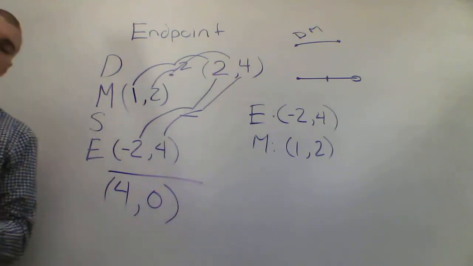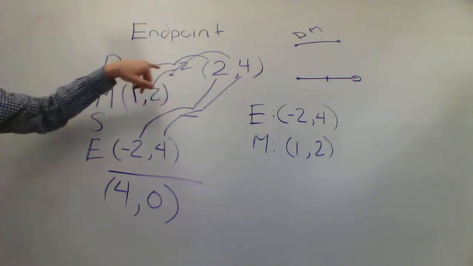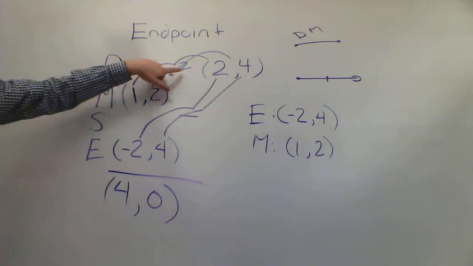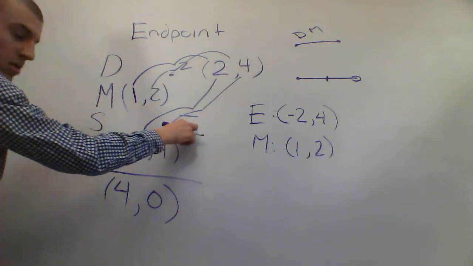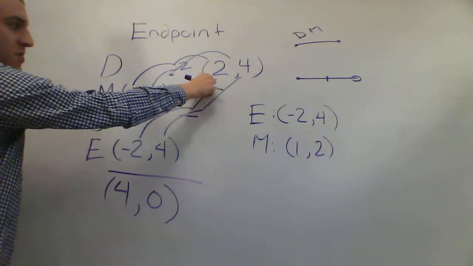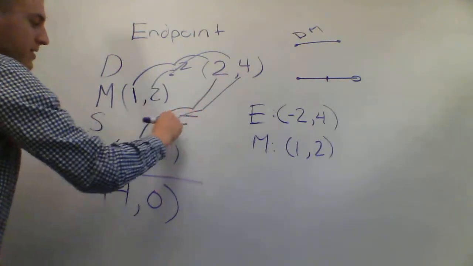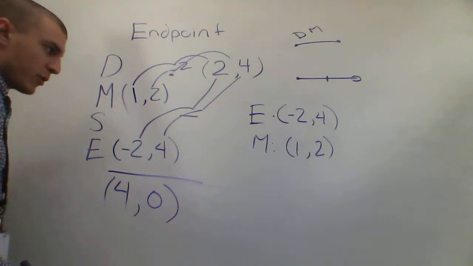Up top, I touch the times 2 with each of them, first my x value, then my y value. Then down at the bottom, doing my subtraction, I only match up x's with x's, so my x value minus my x value, and my y value minus my y value. And we end up with 4, 0.